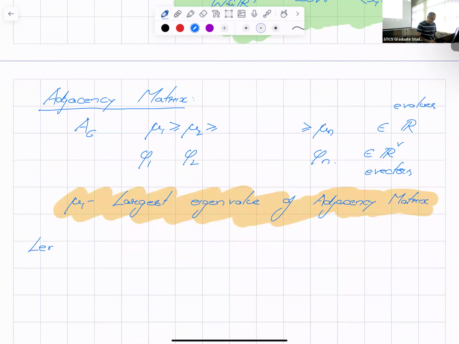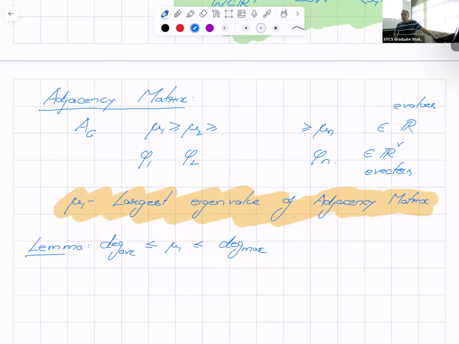Mu_1 gives you some piece of information. I want to say mu_1 is sandwiched between the average degree and the largest degree. So mu_1 is some real number which is going to be sandwiched between these two.